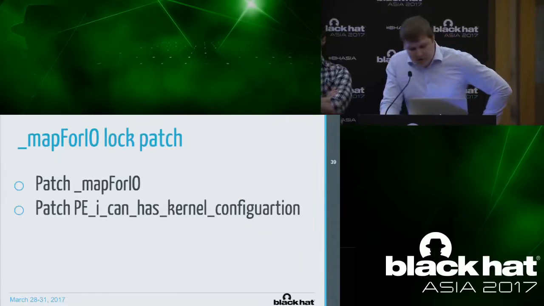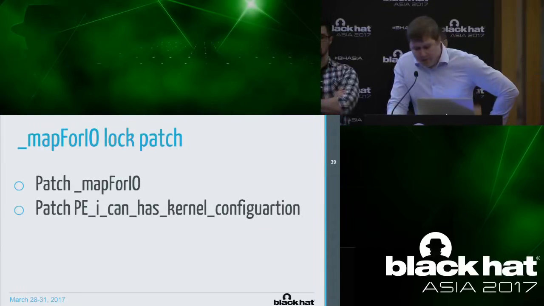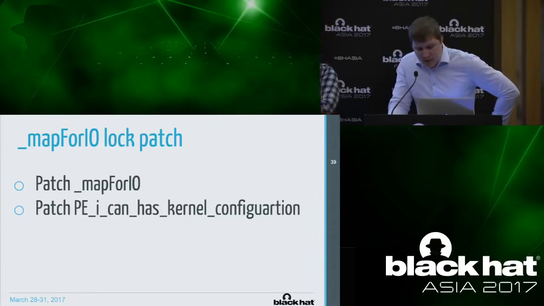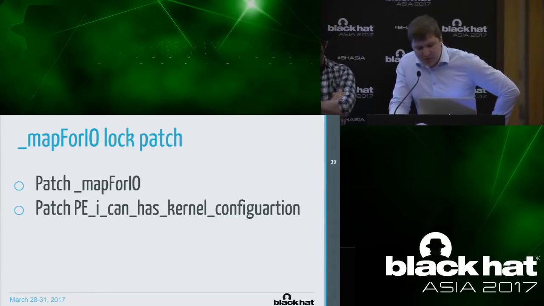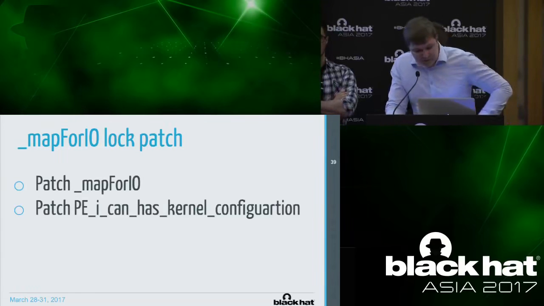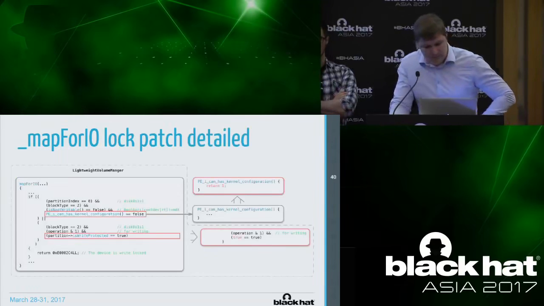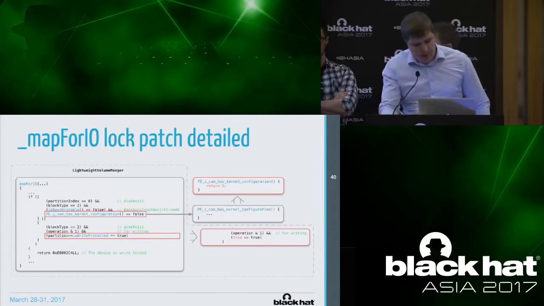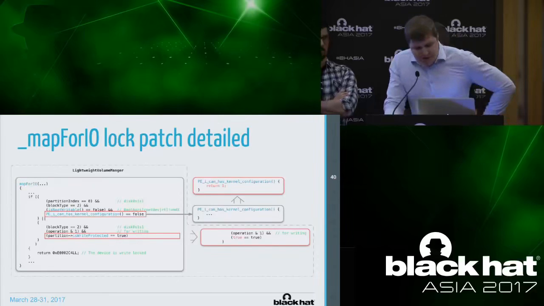Okay, first of all, we need to patch the map for IO check, and from the iOS 9.3.2 first beta, a new function appeared, called pay icon has kernel configuration. So you need to bypass this check too. Here you can see two checks inside the map for IO function.